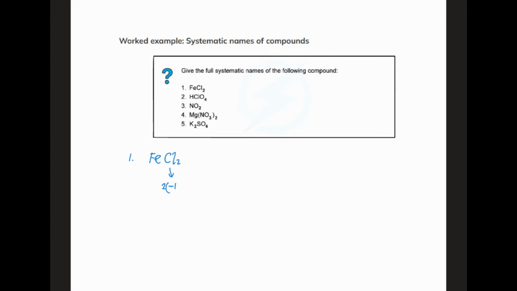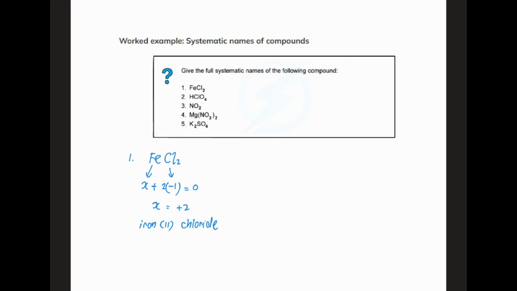Then there are 2 of them. So this one, let's say I don't know, I call it X. So the overall charge, nothing, so it's equal to 0. Then I get X equal to +2. And because of that, I know this is iron(II). So I write iron(II) chloride.